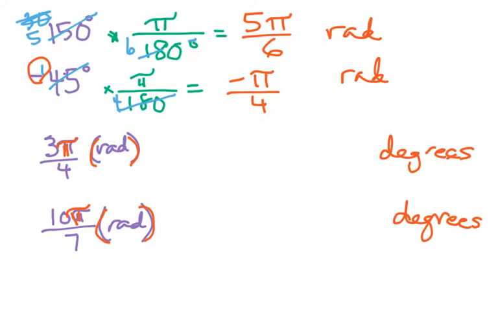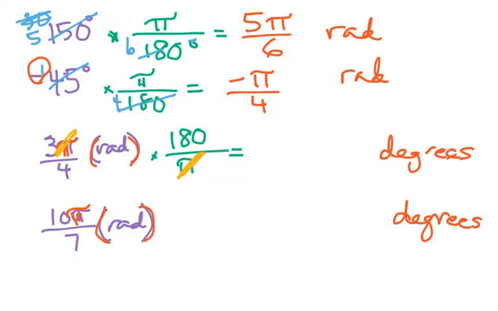Okay, exactly the opposite. If I have radians and now I want to convert to degrees, then I'm going to multiply by a fraction where the degrees go on top and the radians go on the bottom. The nice thing about that, as you can see, is that my pi's are going to cancel out.